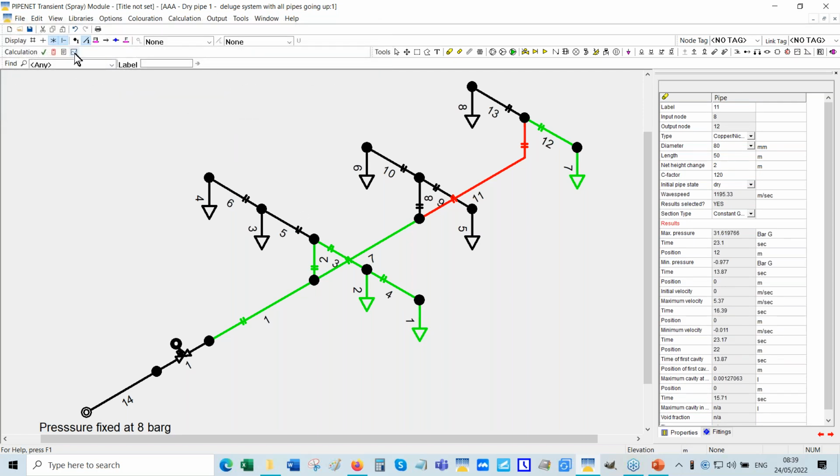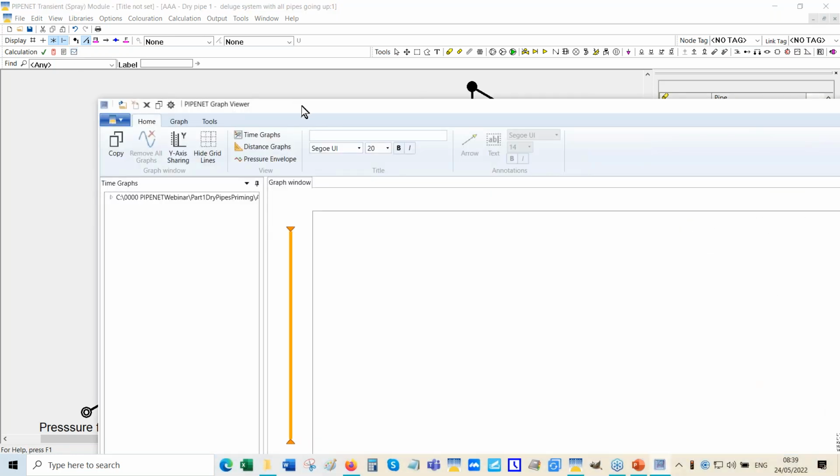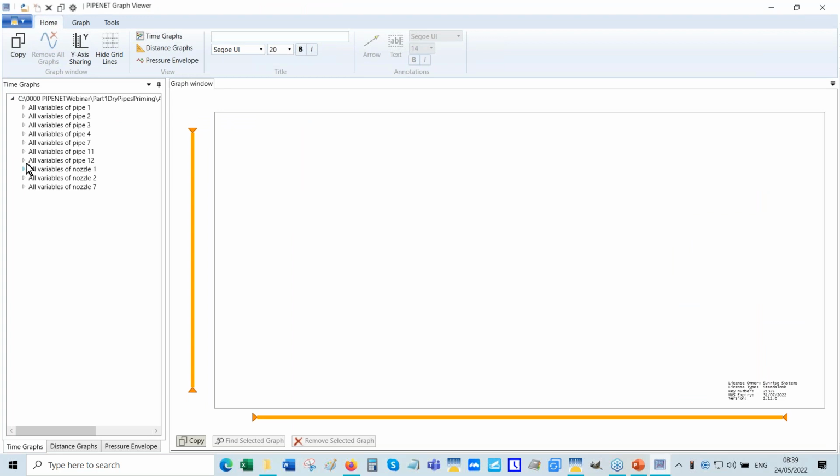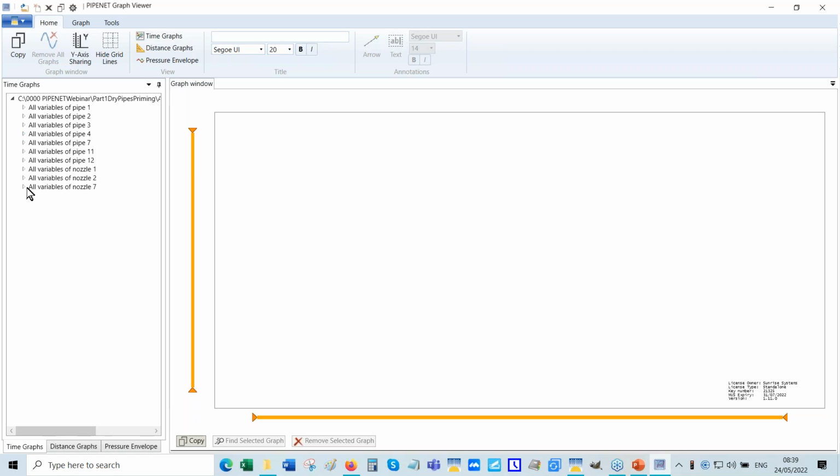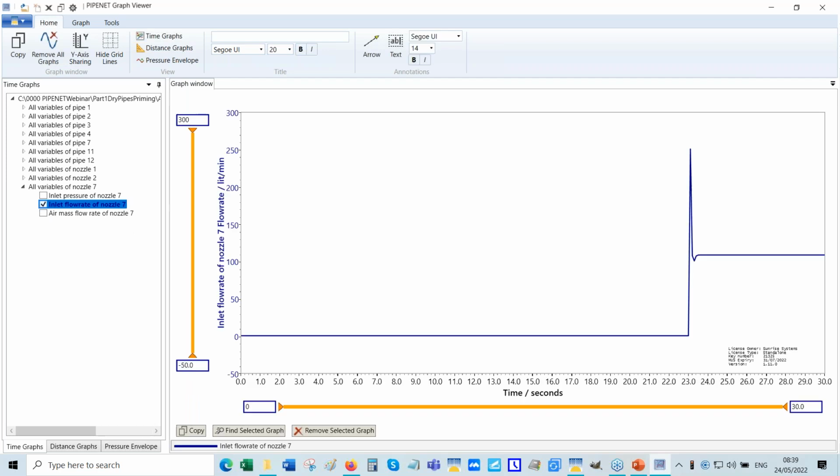So let's look at the flow rates in nozzle 7. Sorry, nozzle 7. It's slightly later because previously it was around here, because that pipe was longer.